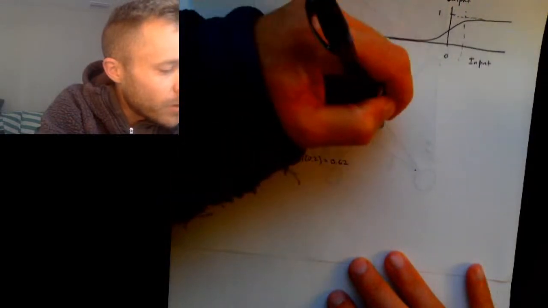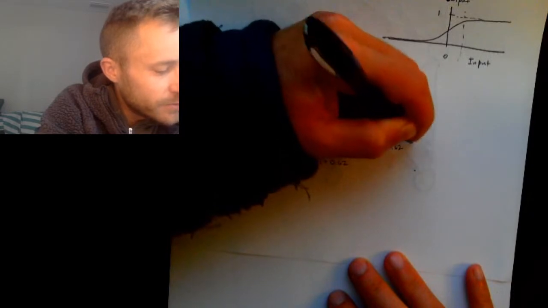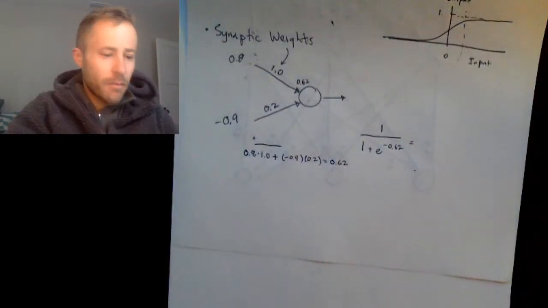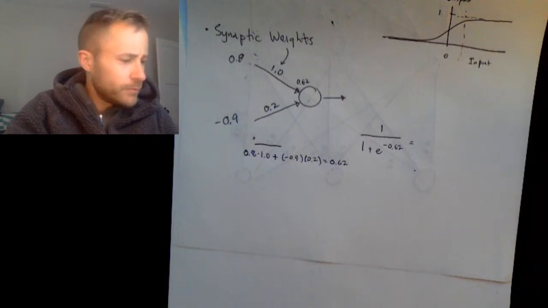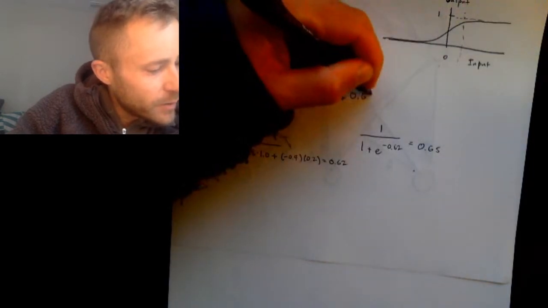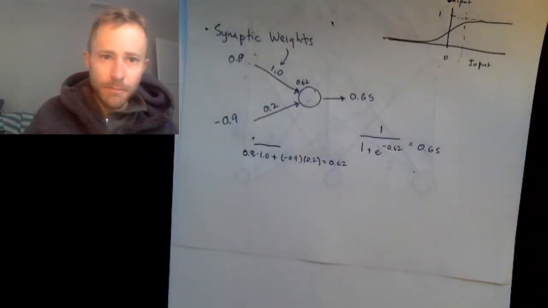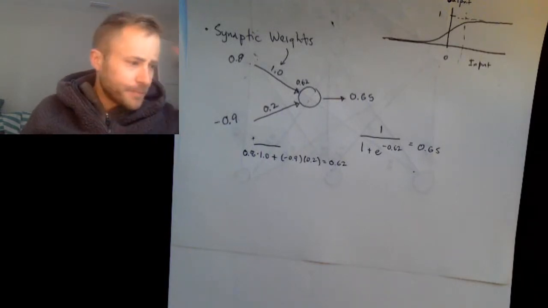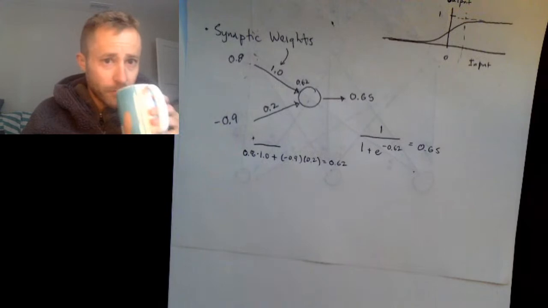Okay, so we would have 1 over 1 plus e to the negative 0.62. And that is 0.65, and so the output of that neuron will be 0.65. Okay?